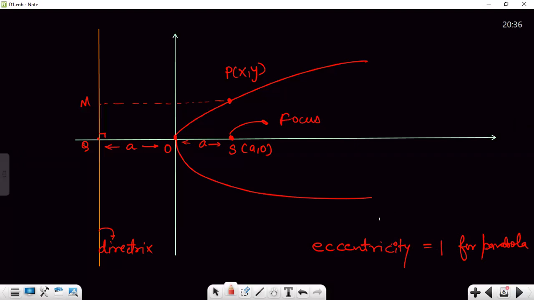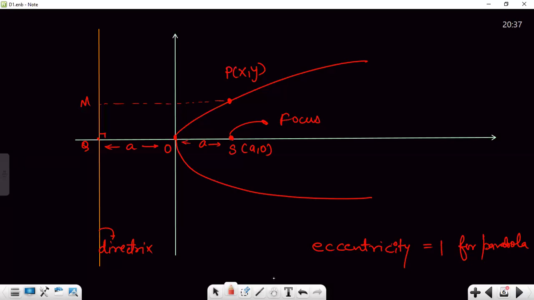First, if you like, just recognize that it is a parabola and simply say that eccentricity is 1.